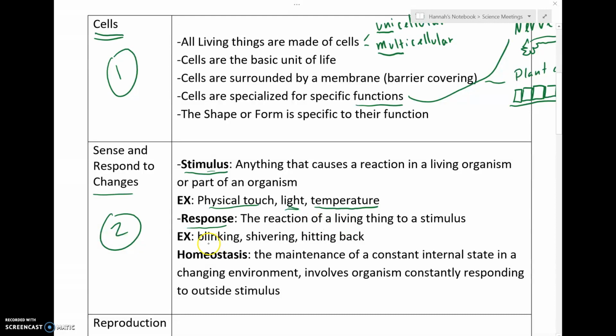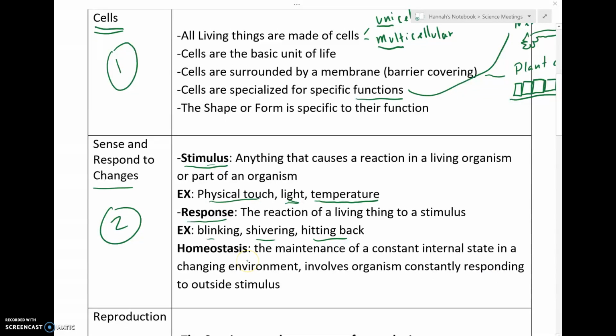So examples of this might be blinking. If you have something come flying at your face, or maybe a piece of dust, you're blinking to get that away. Shivering is a response to temperature. Hitting back if something comes flying towards you, that might be your initial response.